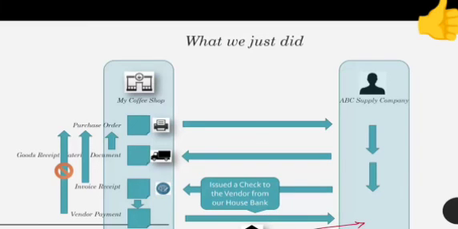And the difference between the previous transactions and the current transaction is the goods receipt and invoice receipt were created with reference to a purchase order, but a vendor payment is not created with reference to the purchase order.